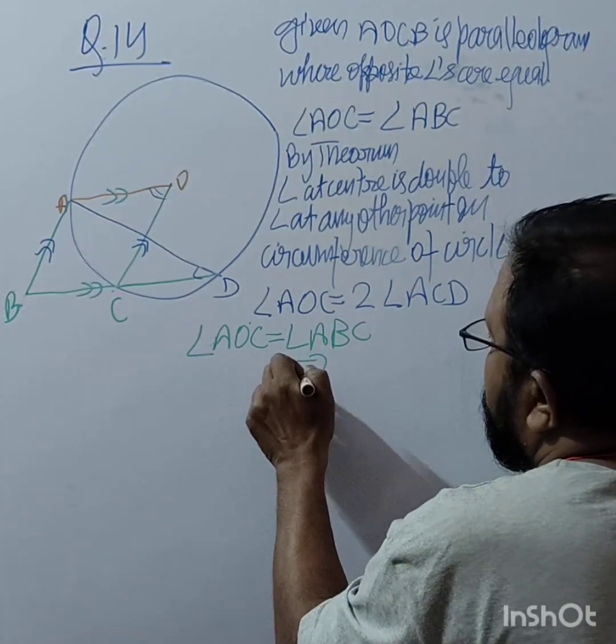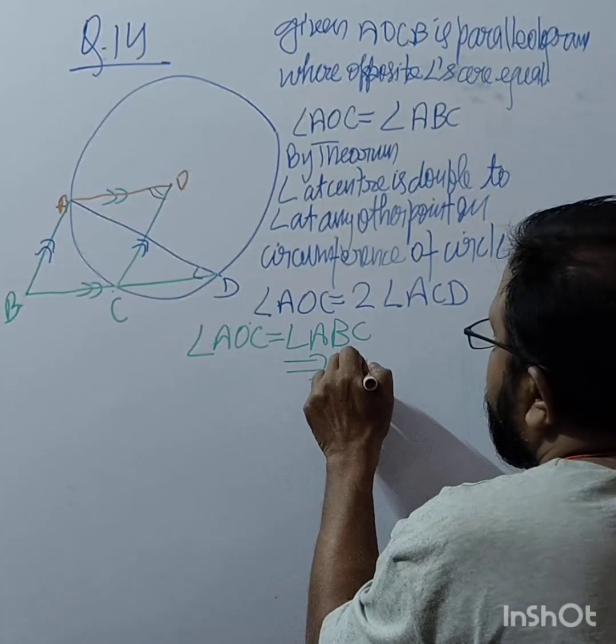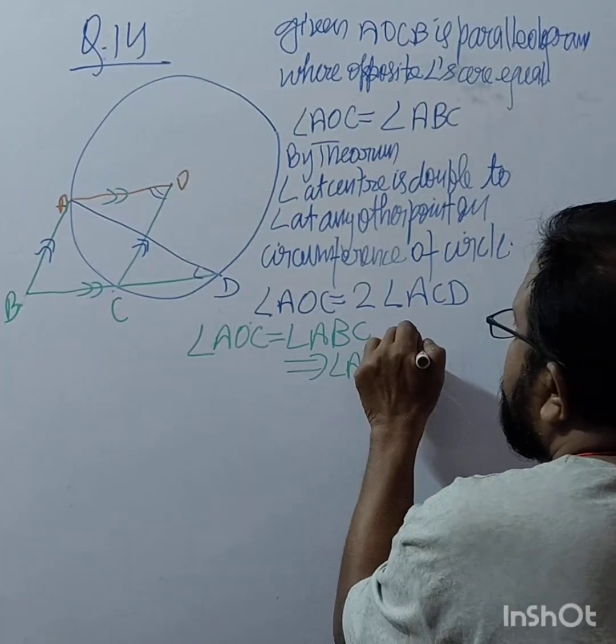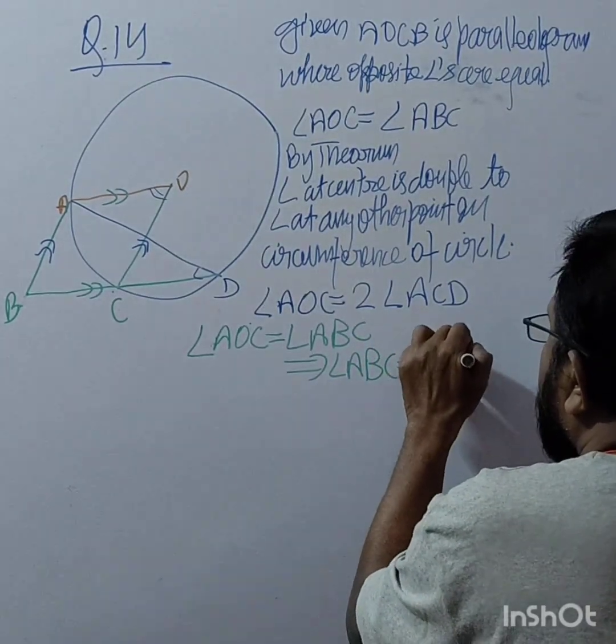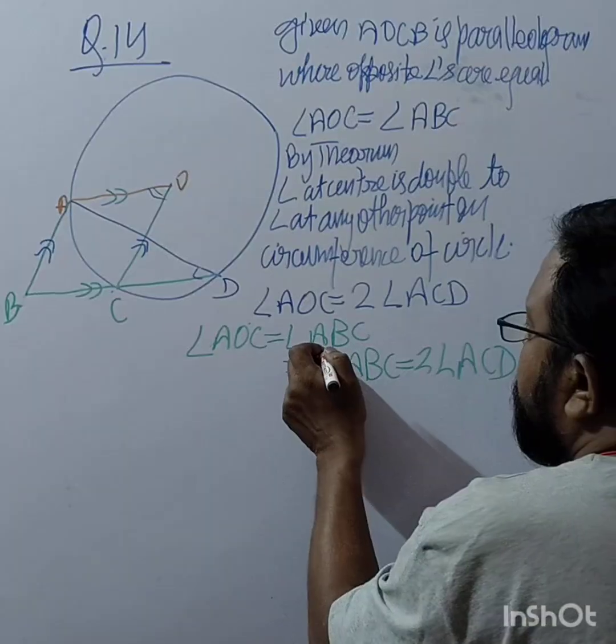Therefore, angle ABC is double of angle ACD. Is it?